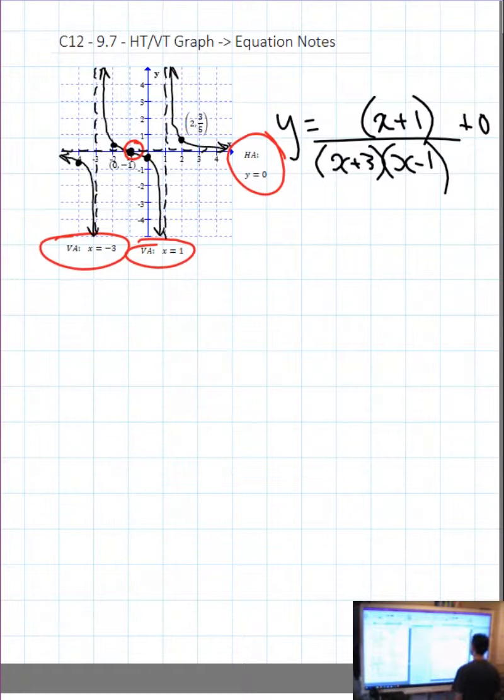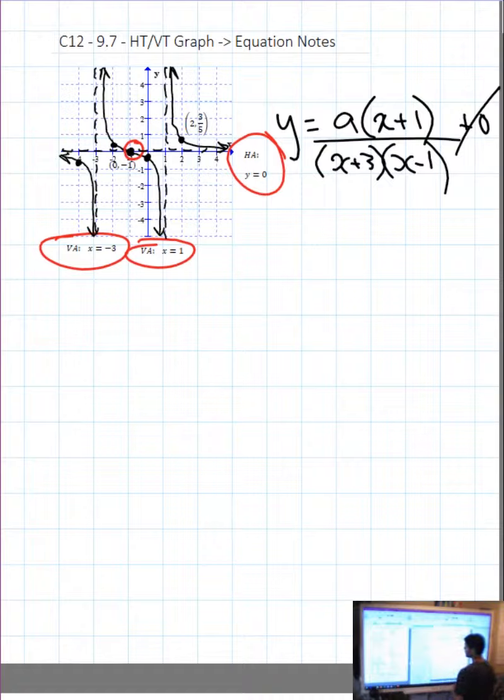Now, keep in mind, if I put x-intercepts on the top, I cannot use my horizontal asymptote method, whereby I need to put the a in front, which is going to contribute to that asymptote. So now I can pick a point.